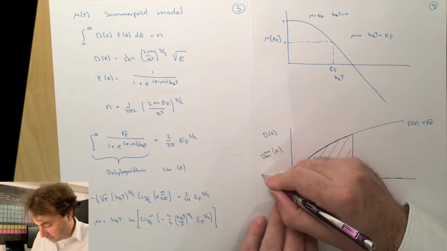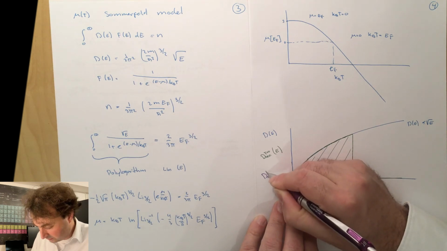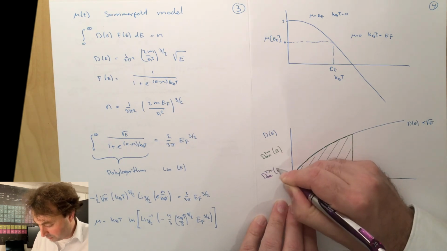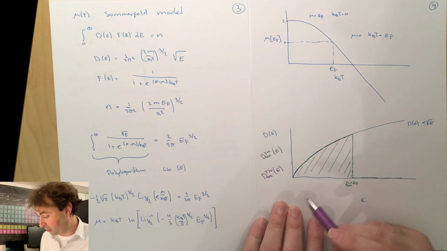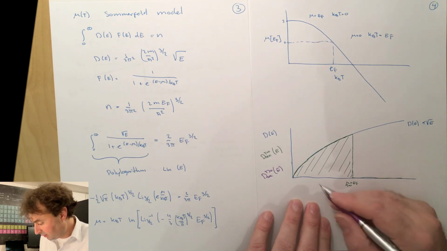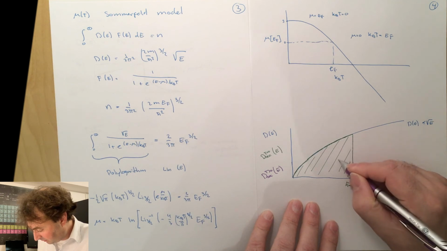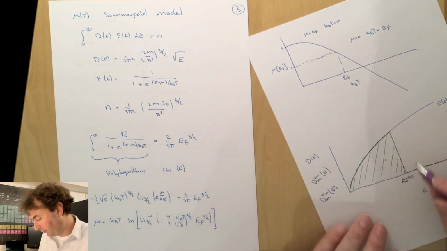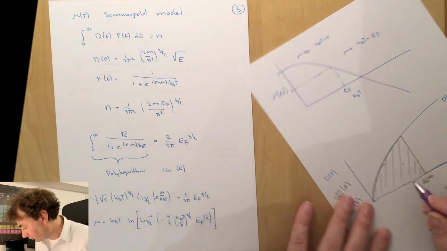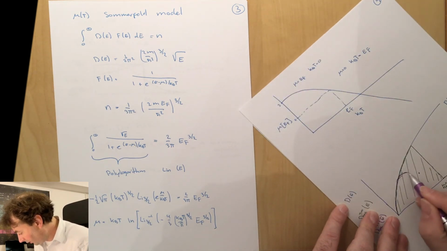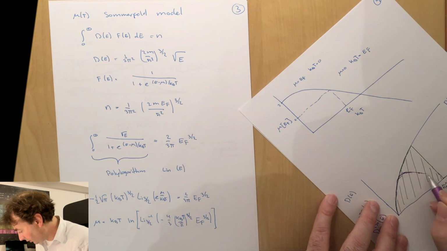And then at finite temperature, the occupied densities of states is a product of the Fermi function times the densities of states, but our chemical potential is no longer at the Fermi energy, but lower. And I think I'm exaggerating here, but that's okay.